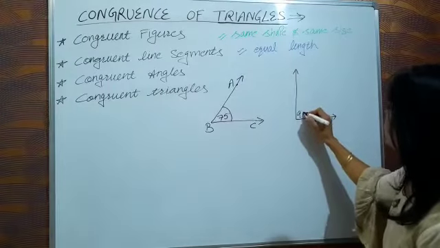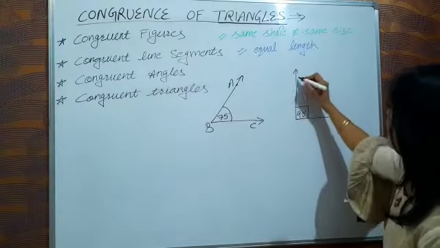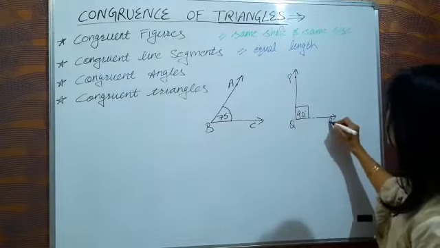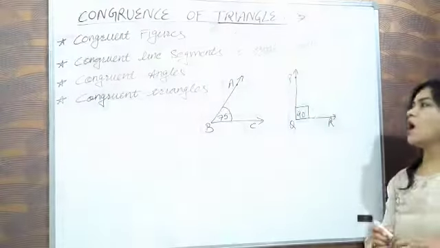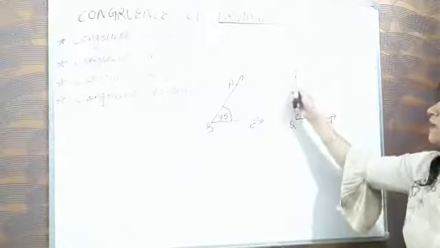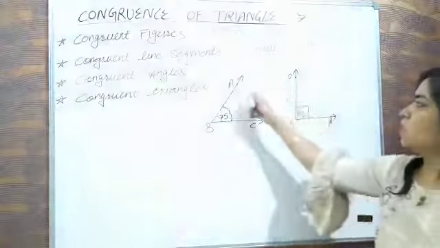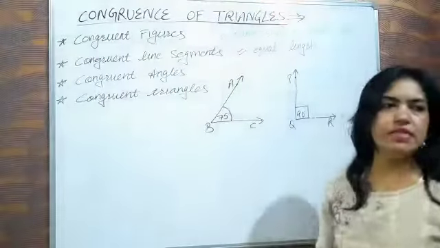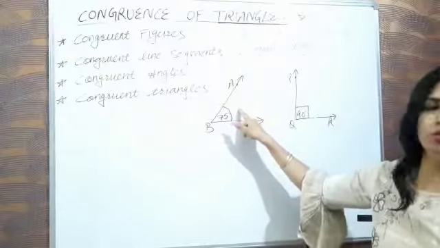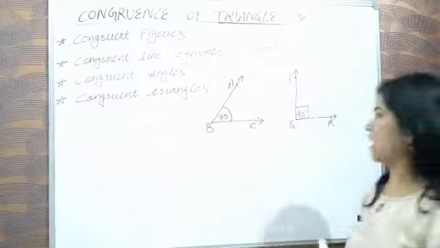It is of measurement 90 degrees, and let this be angle PQR. If I try to overlap this angle PQR over angle ABC, does this angle overlap this angle? No, this does not overlap this angle.